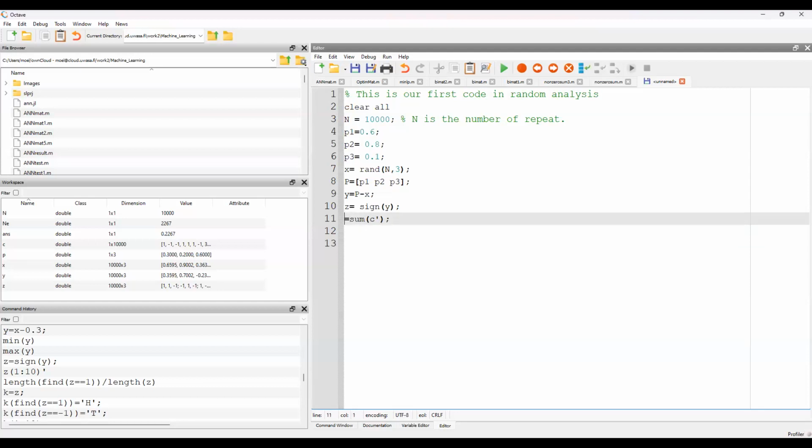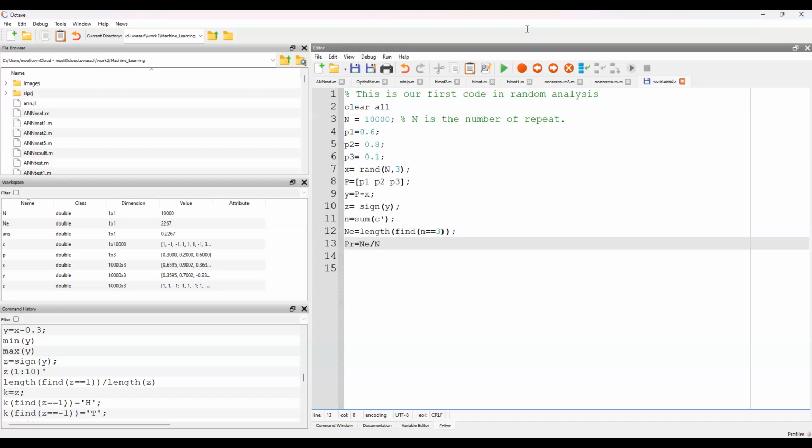Sorry, this should be not C, but any other name, maybe small n. Okay, and then yeah, so we can compute the probability that all are 1, NE equal to what? Length of find of n equal to 3. Then the probability BR equal to NE divided by the total number n. Okay.